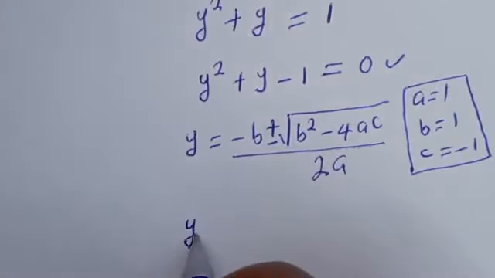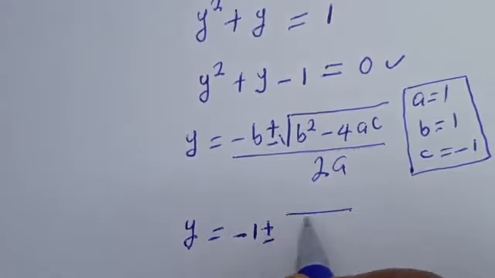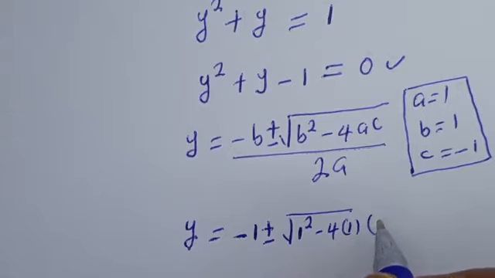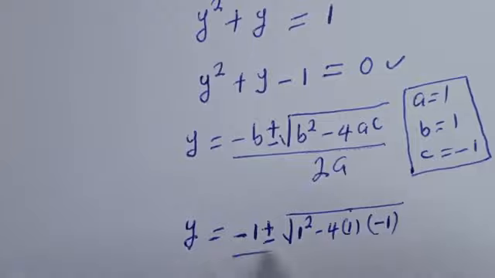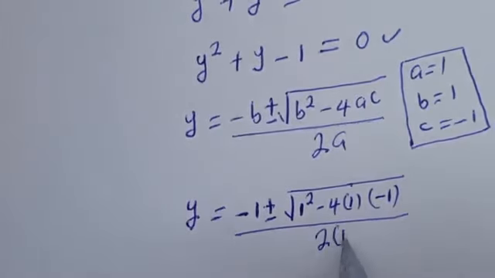Then y is equal to minus 1 plus or minus square root of 1 square minus 4 multiplied by 1 multiplied by minus 1, over 2 multiplied by 1.